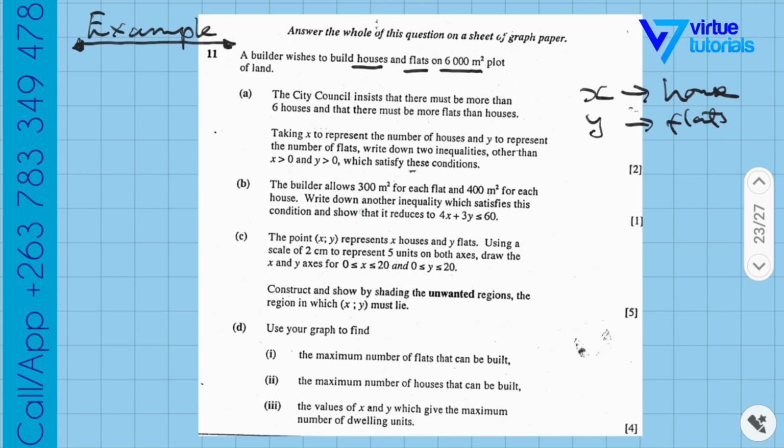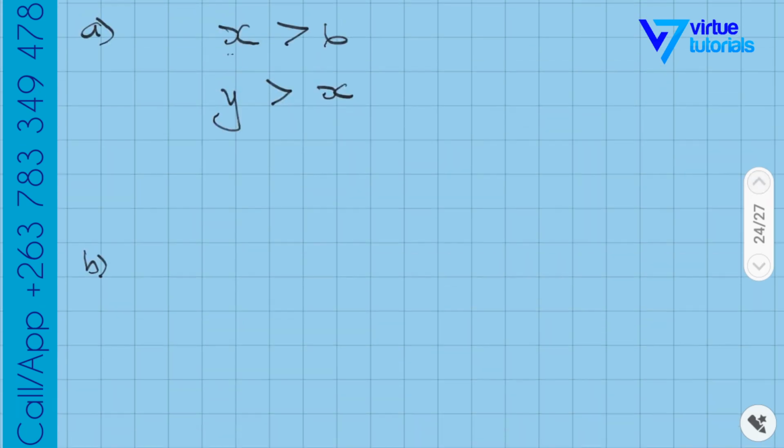Now, they said the builder allows 300 square meters for each flat and 400 square meters for each house. Write down another inequality which satisfies this condition and show that it reduces to 4x plus 3y is less than or equal to 60. What you need to know is that the amount of space taken is equal to the space taken by houses and the space taken by flats.